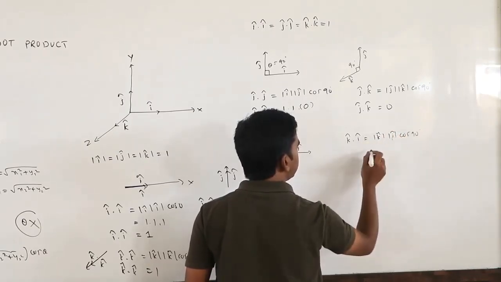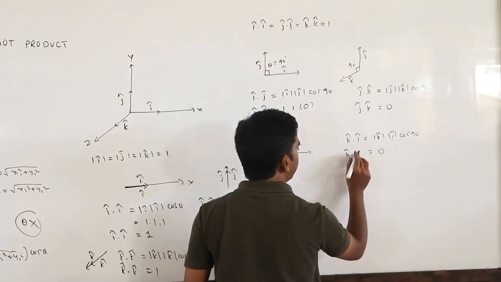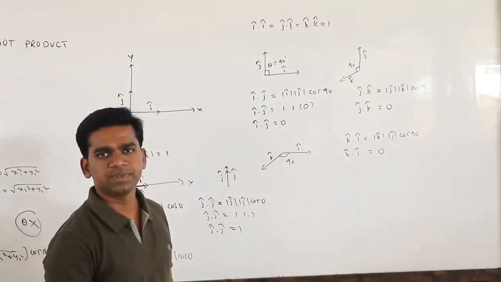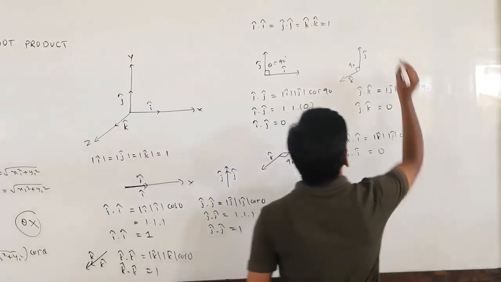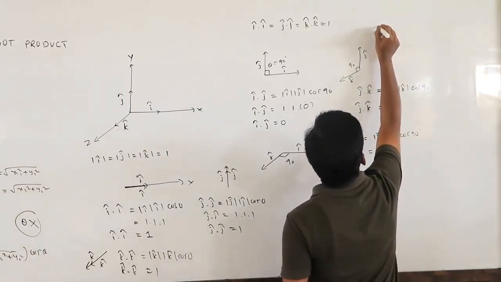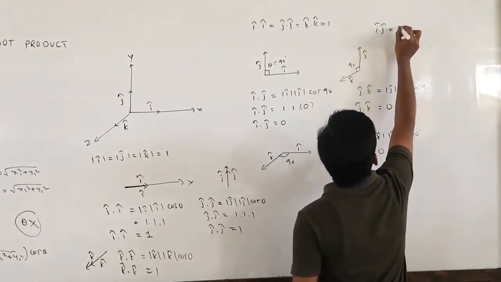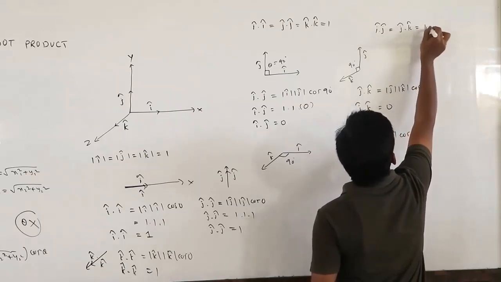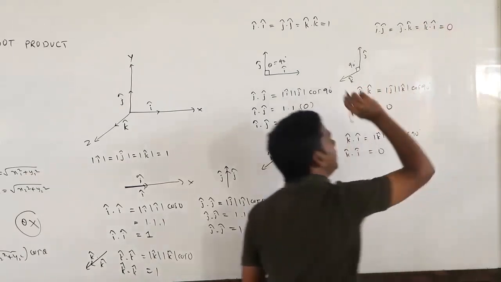Cos of 90 is 0. So k cap dot i cap is going to be 0. So one more line I can write: i cap dot j cap is equal to j cap dot k cap is equal to k cap dot i cap is equal to 0.